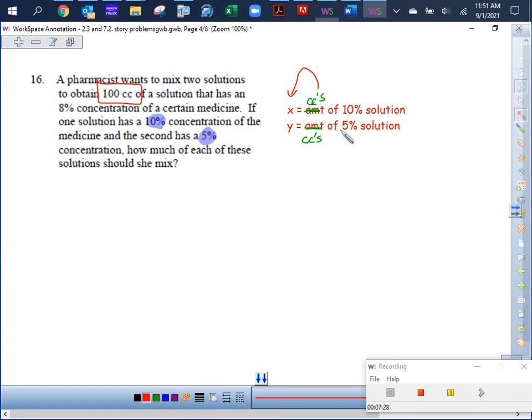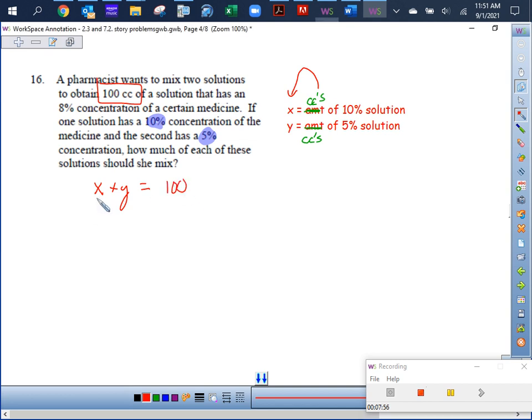How many cc's of the 5% are we putting in? Y. And they're all supposed to add together to be 100. Can we write an equation for that? X plus y equals 100. Again, it's so basic that it's hard. But it's cc's plus cc's equals cc's.